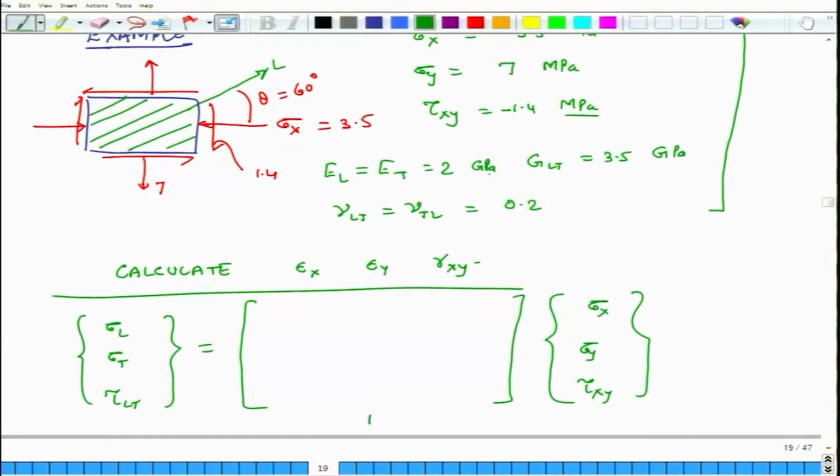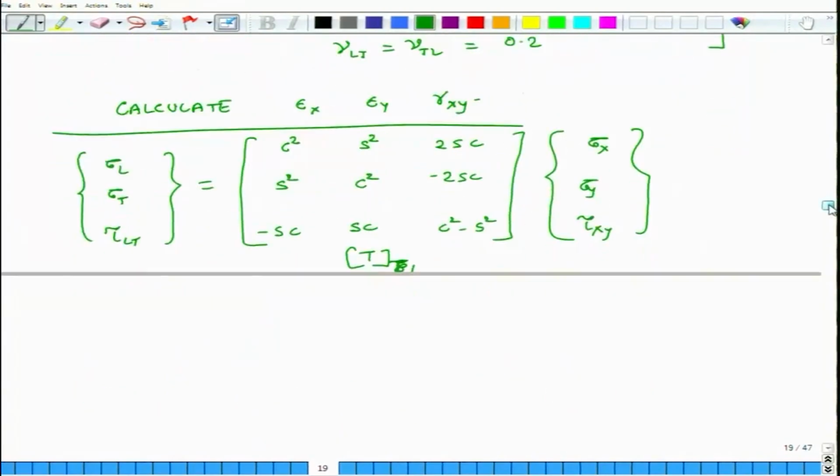And what are the coefficients of the members of this transformation matrix? Cosine square theta, sin square theta, 2 sin theta cosine theta, minus sin theta cosine theta, sin theta cosine theta, and cosine square theta minus sin square theta.